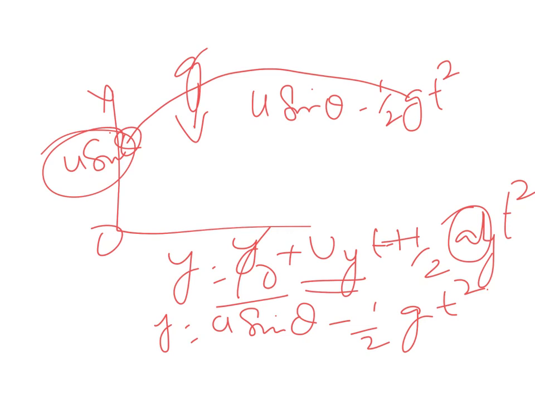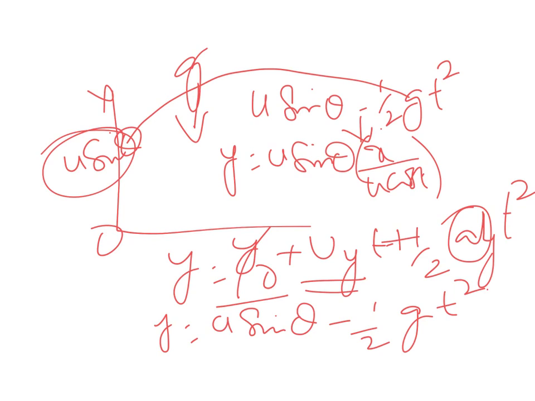Now y is equal to u sin theta into x by u cos theta, because I'm taking the value of t which we studied before in the horizontal direction, minus half into g into t square, where again t is x by u cos theta, the whole squared.